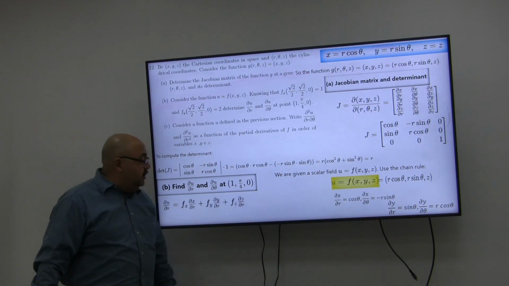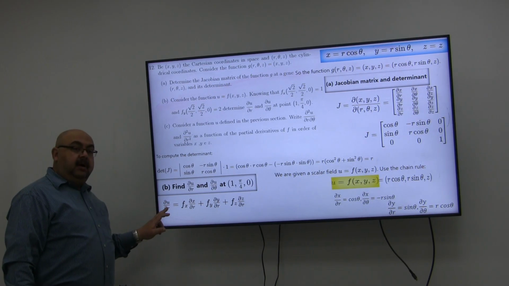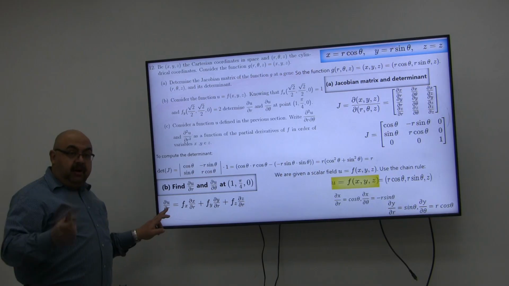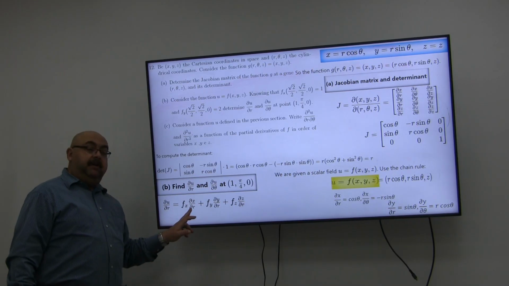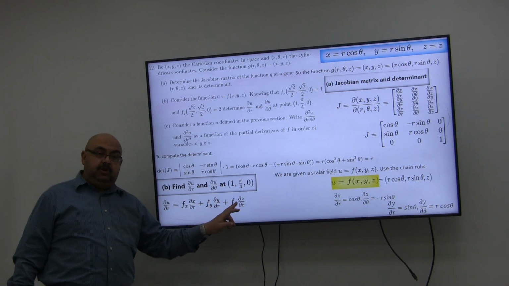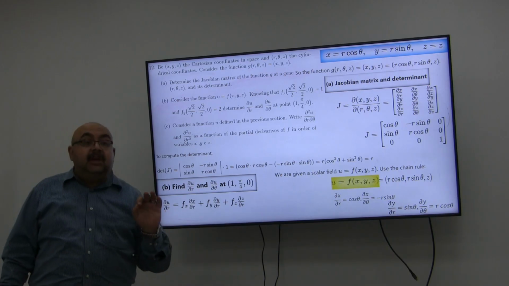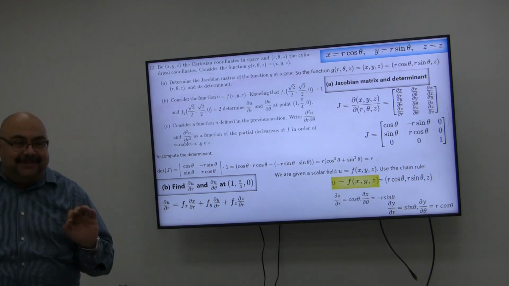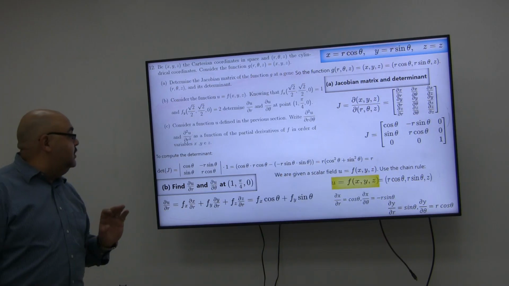They are already identified. All I have to do, in order to get partial u, partial r, is differentiate the function with respect to the x variables, but multiplying by partial x, partial r, partial y, partial r, partial z, partial r. This is how to get the partial derivative in the case of composite functions, because I'm connecting x, y, and z with r and theta.